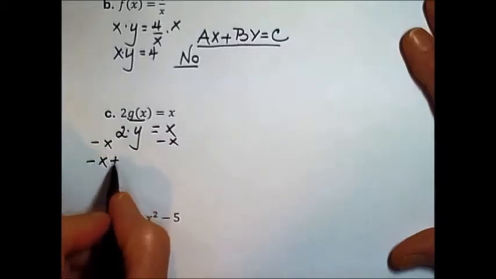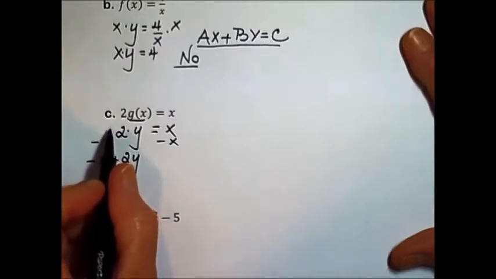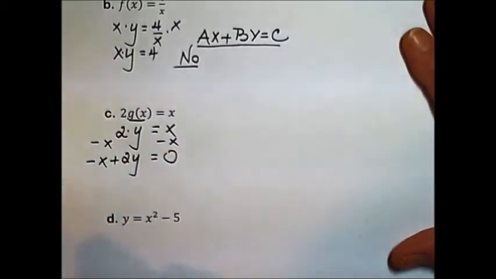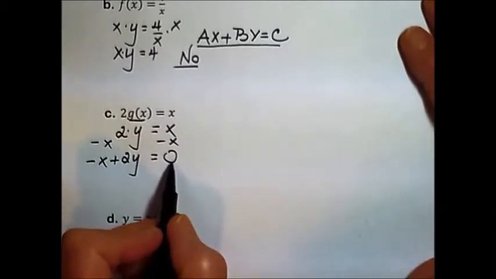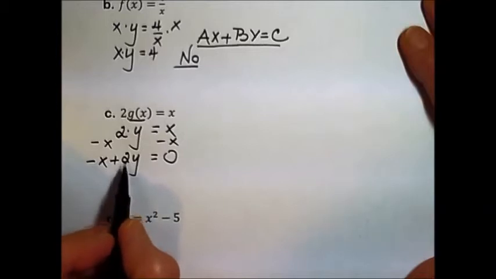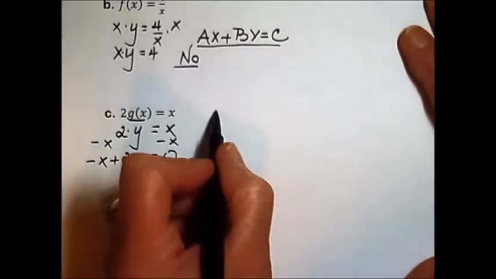It doesn't combine with the y, so we'll just put the plus implied here with no sign, so it's negative x plus 2y is equal to 0. There's no mention of c being 0. The stipulation is that a and b, the coefficients on the x and y terms respectively, cannot both be 0. So this is a linear equation.